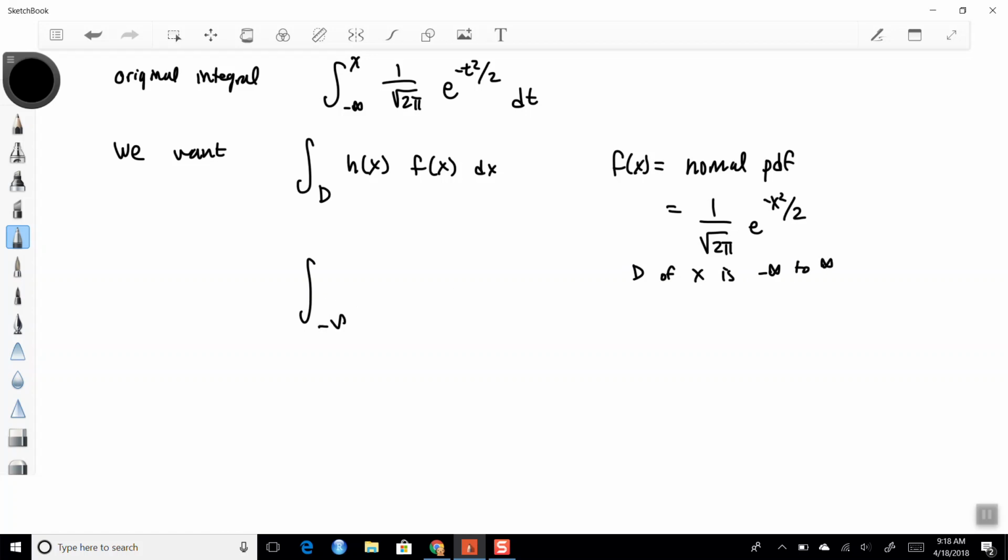So now I've got from negative infinity to infinity, and we're going to keep in some function h of x here, and then plug in this 1 over root 2 pi e to the negative x squared over 2 dx. So this is what we want, and this is what I currently have. What can I use for h of x to make it equivalent? Any ideas?